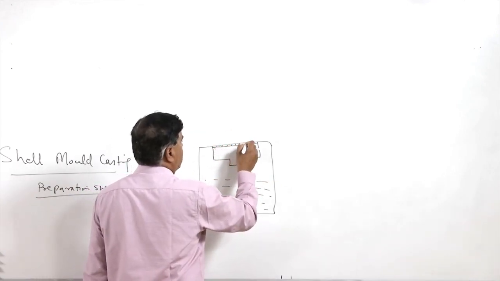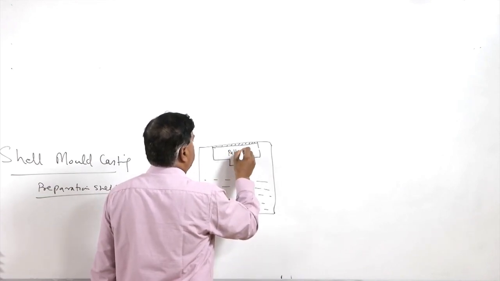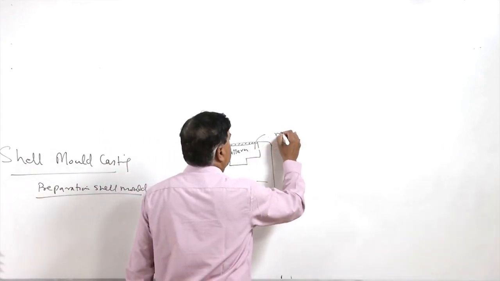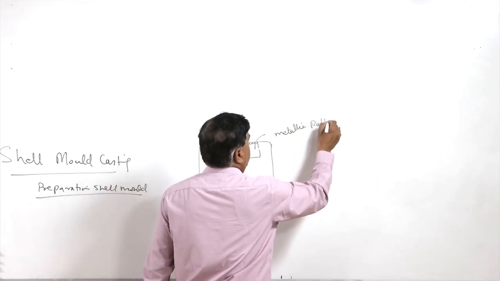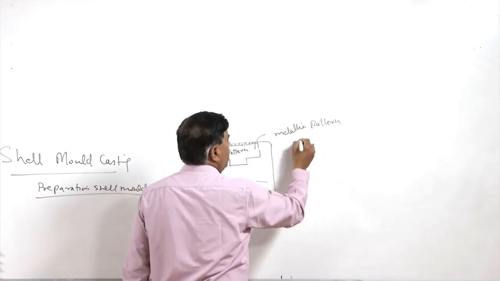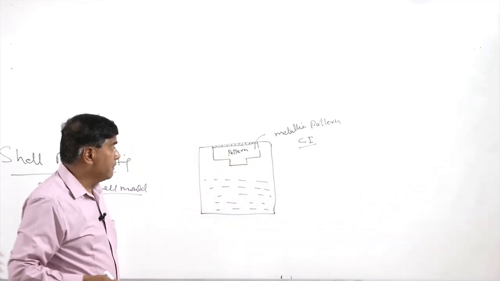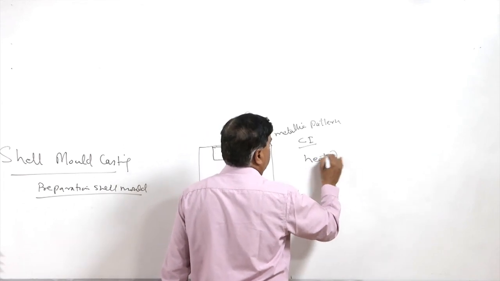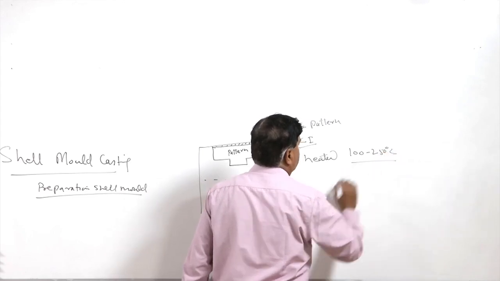This is the pattern which will be used for preparing the shell. This is basically a metallic pattern, mostly of cast iron or grey cast iron, and this pattern is heated. It can be heated from 100 to 250 degree centigrade.